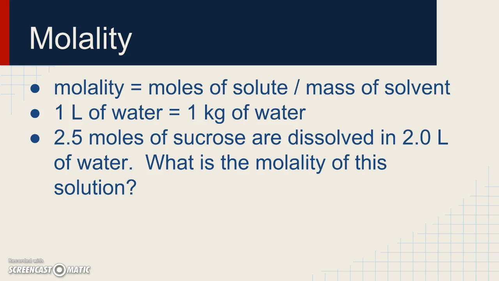So let's try one. 2.5 moles of sucrose are dissolved in 2.0 liters of water. What is the molality of that solution? Give it a shot. Okay, and let's see what we had. Well, we know that we had the number of moles. We had 2.5 moles of sucrose. Let's see, what else did we have?